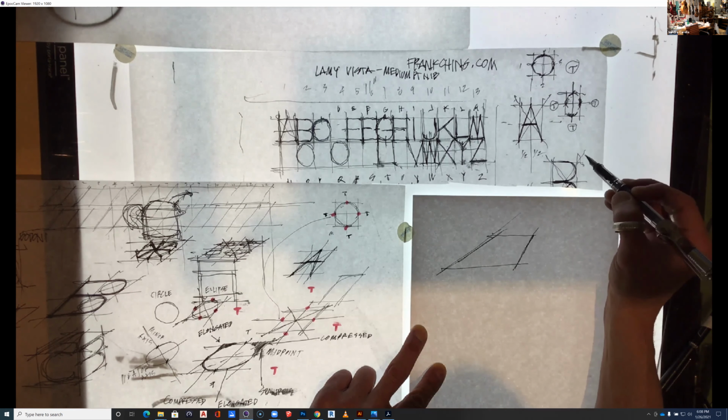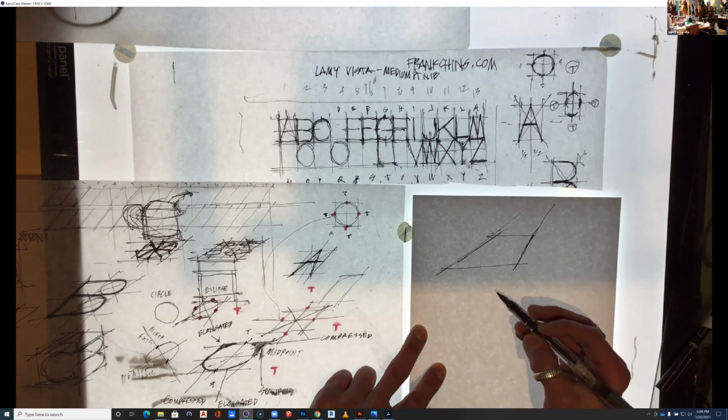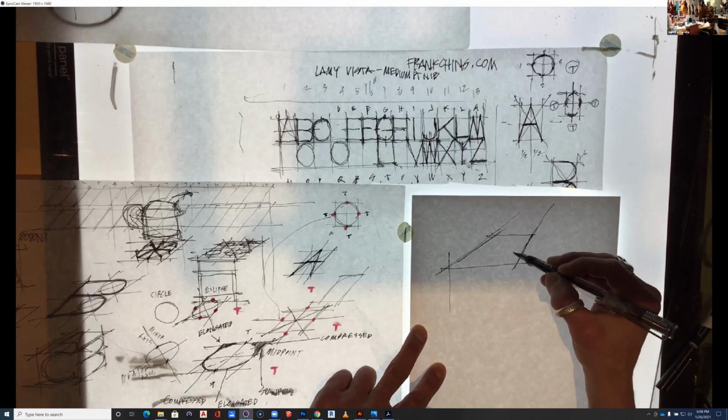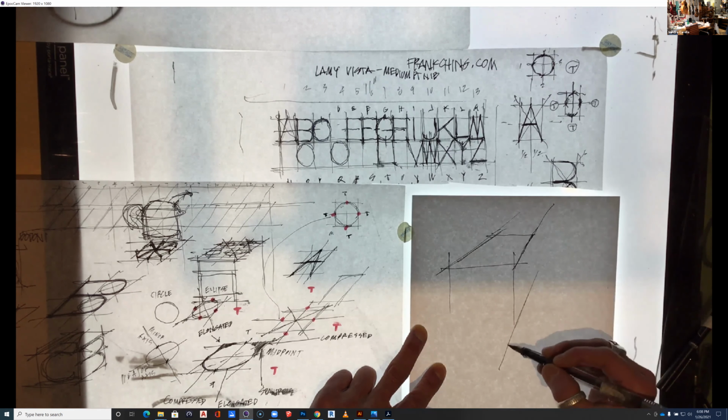The lines go and they converge somewhere far away.